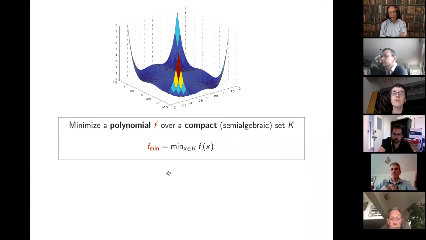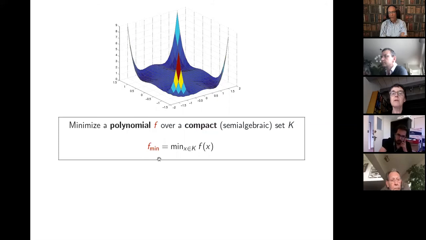So the object we want to understand is the minimum of f, which we call f min, the minimum value that f takes over a compact set K. Here I just show an example. This is a Motzkin polynomial, to which we will come back later, which we want to minimize over the box.